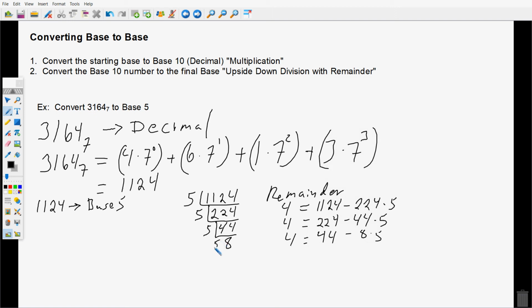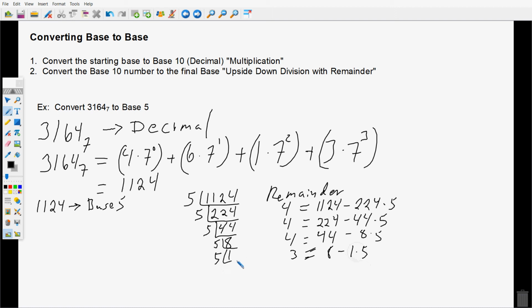How many times does 5 go into 8? That's 1 time. And you might know that's a remainder of 3, but if you want to double check, you would do 8 minus 1 times 5, which does give you 3.